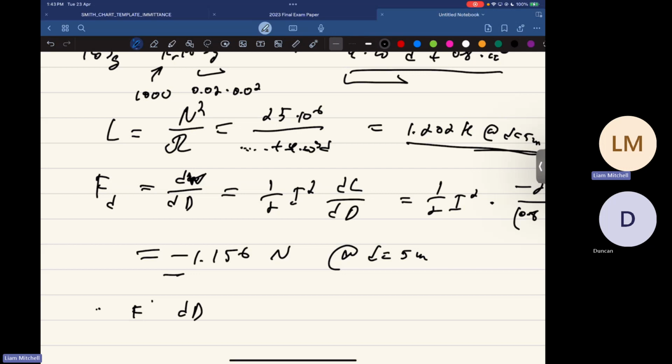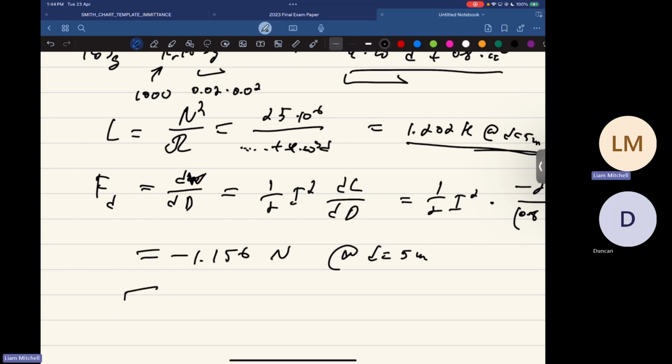If we try to pull it apart, the force is going to be opposite to the change in d. That means we are trying to pull our bar to the magnet, so the force is trying to close the gap, logically, because the direction of force is opposite to the displacement of our differentiating variable d.